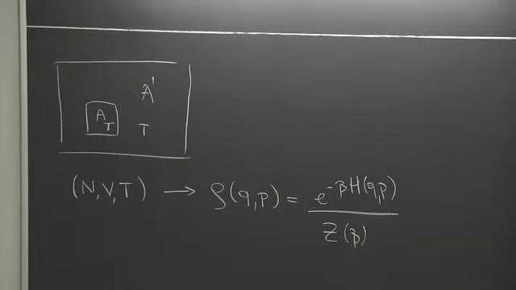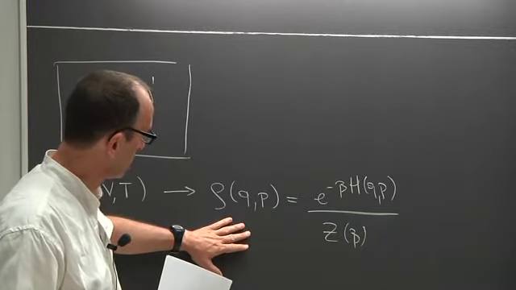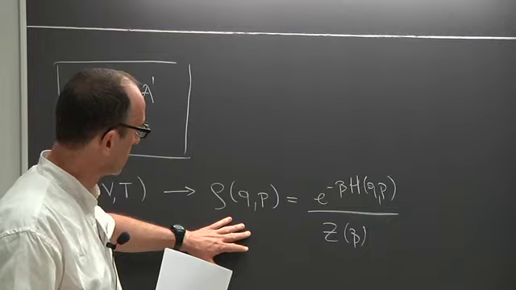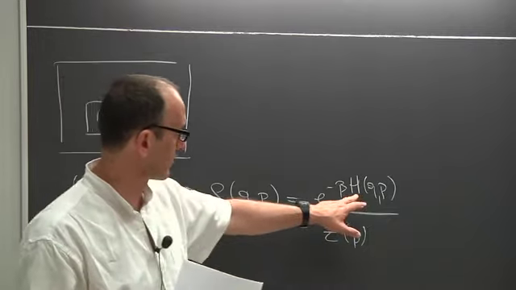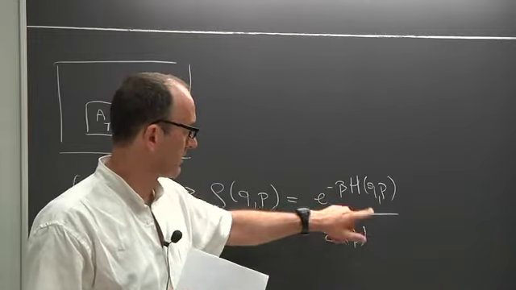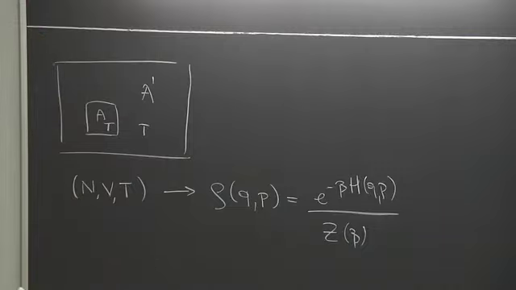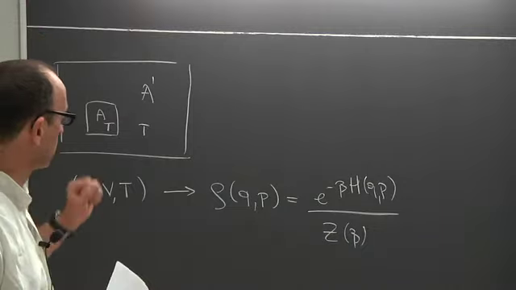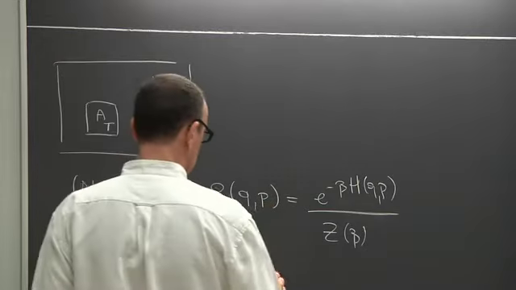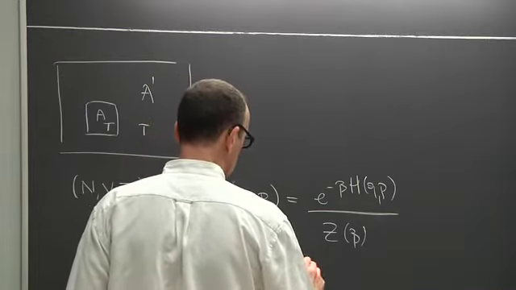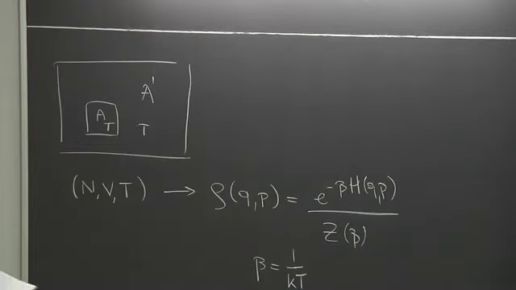What we said last time is that the density in phase space must be a function of the energy, of the Hamiltonian. For a system in thermal contact with a heat bath, this function is the exponential, and this coefficient beta is 1 over kT.